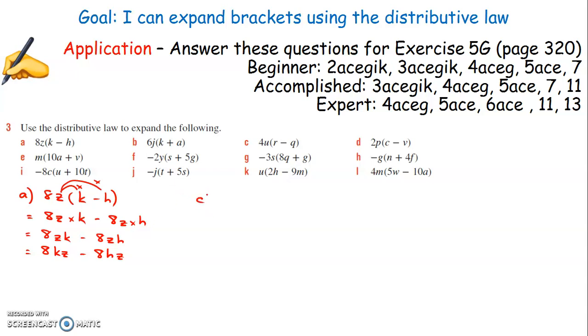Next one, we've got C, which is 4u brackets r minus q. Same thing here. We multiply the 4u by each of the things inside the bracket. So first 4u times r, bring the minus sign down, and then 4u times q. I was saying 8u, I mean 4u.